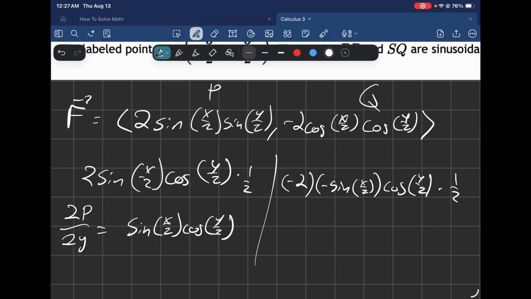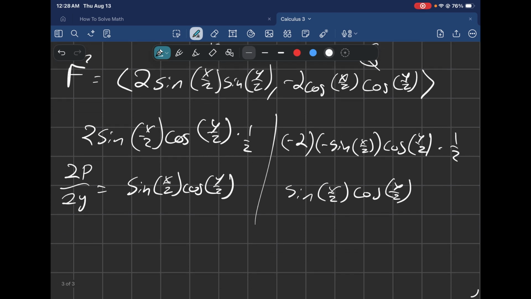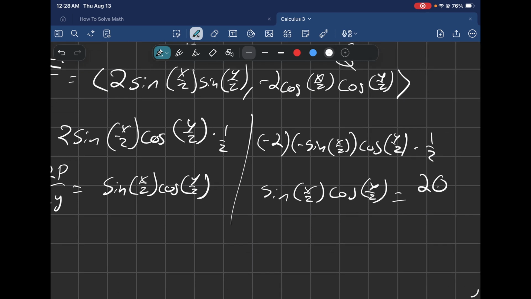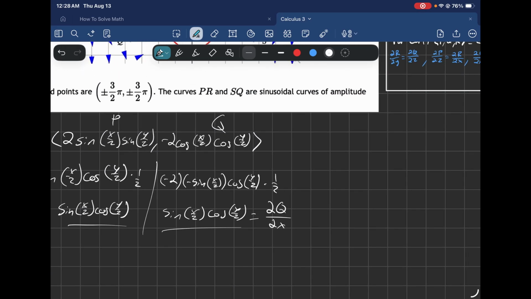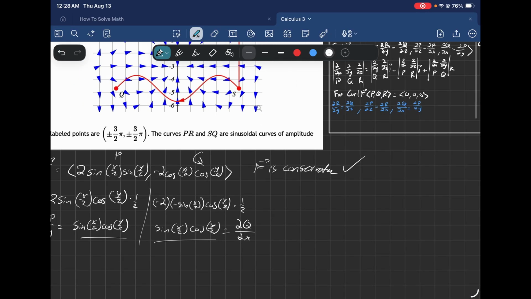So this would just be the same thing, sine x of 2 cos of y of 2. So we can see that these are the exact same. All this tells us is that our vector field F is conservative. So now we can go ahead and proceed.